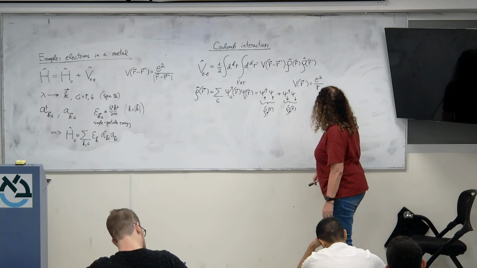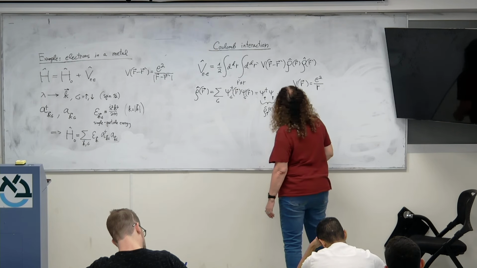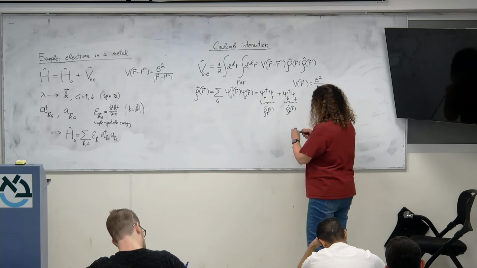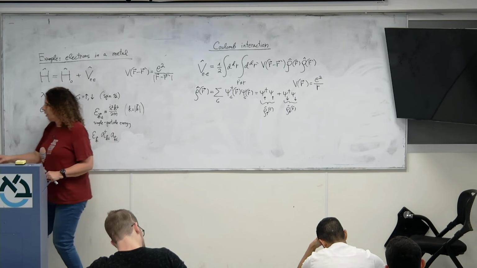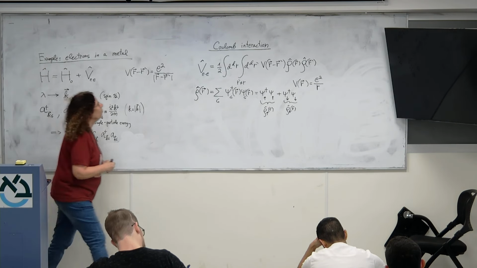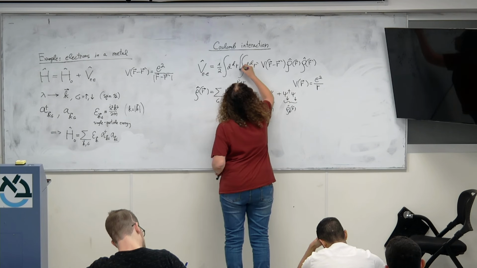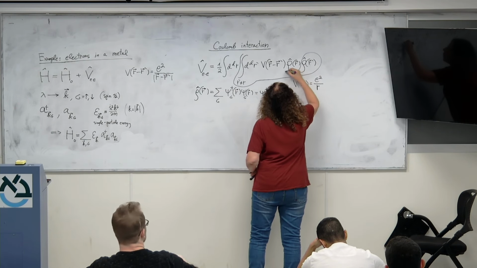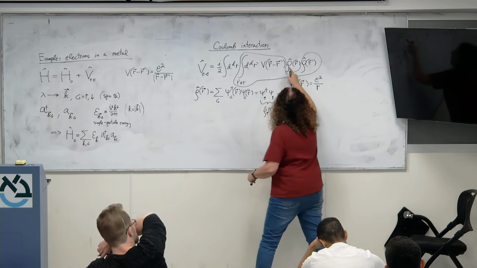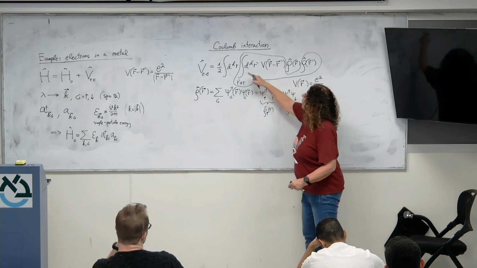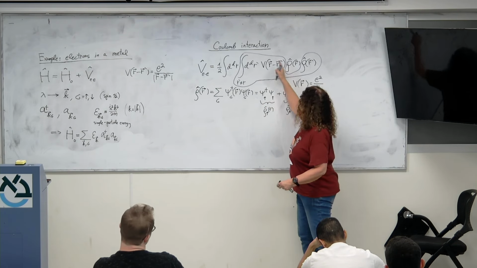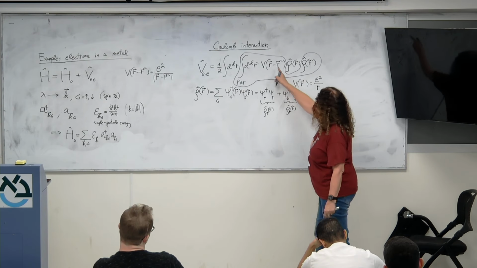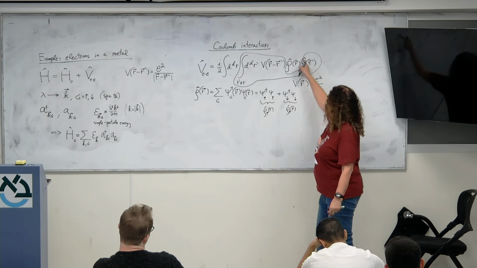Now, if I just look at the integral over r prime, notice that this part depends only on r, so I could bring it here, right? Now what is the mathematical definition of this object?